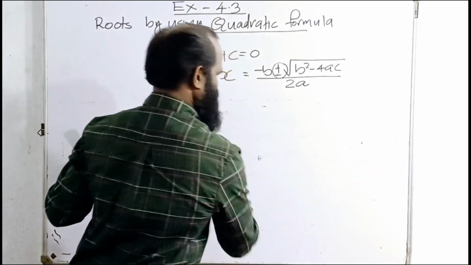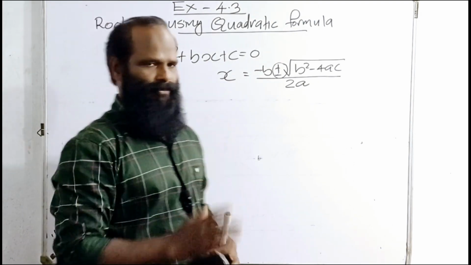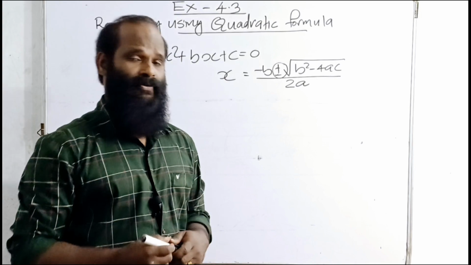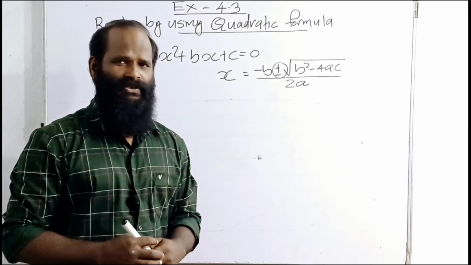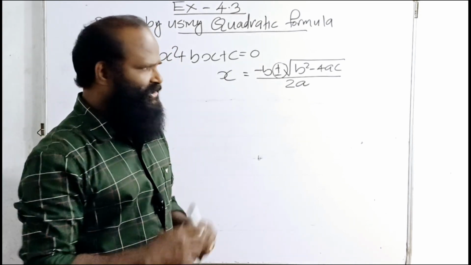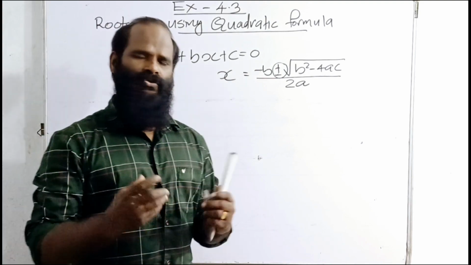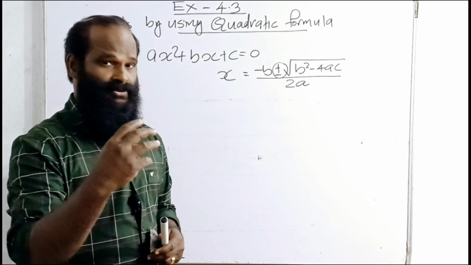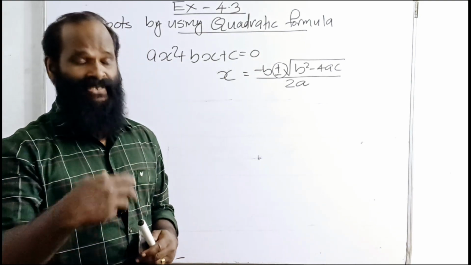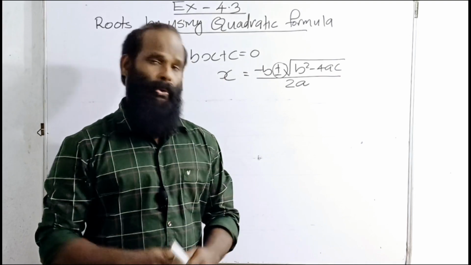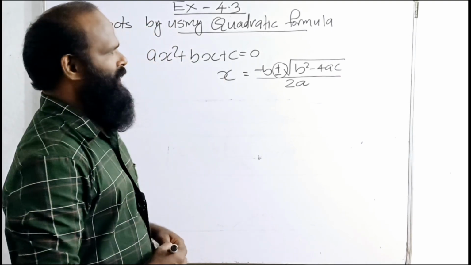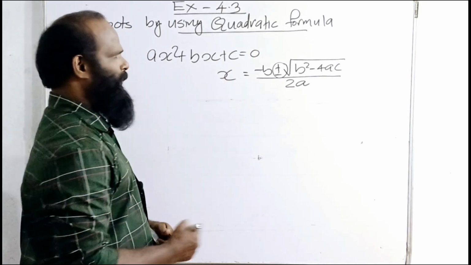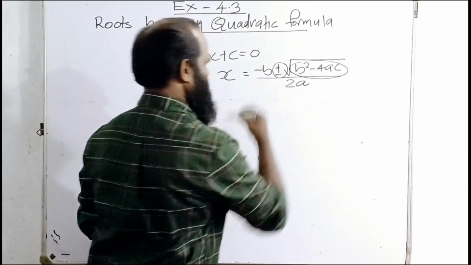Okay. Now let us think about the quadratic formula. Before we start solving a quadratic equation using the quadratic formula, you can have an initial check whether the equation we are dealing with has two same roots, or two different roots, or no roots. In one of the videos, I explained it. In this quadratic formula, the very important part is b square minus 4ac.